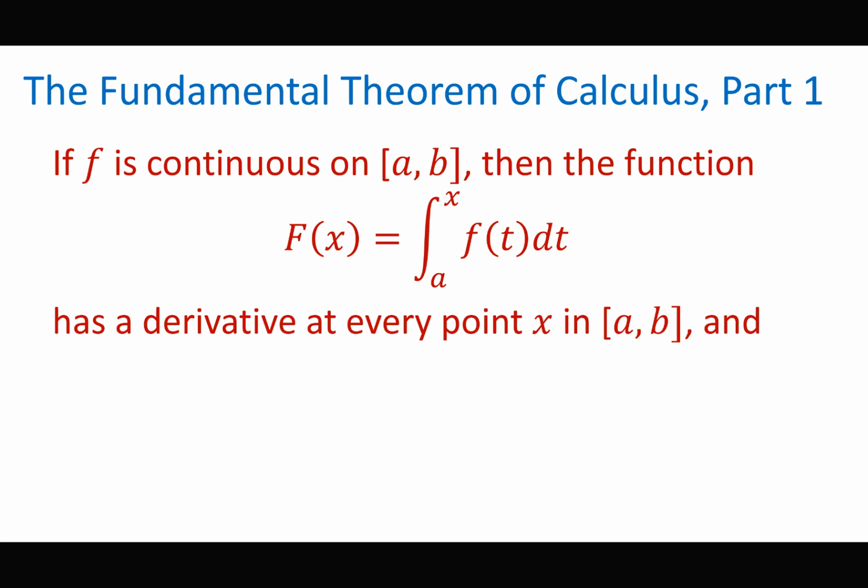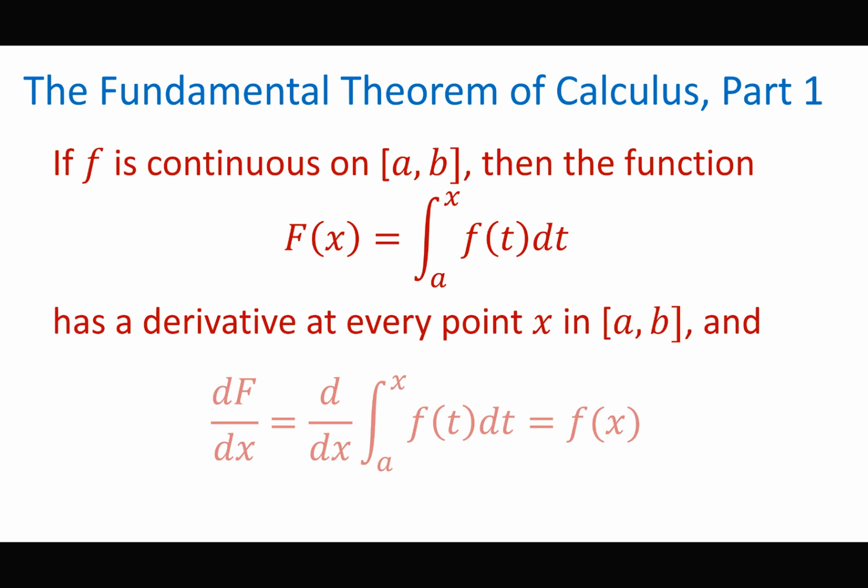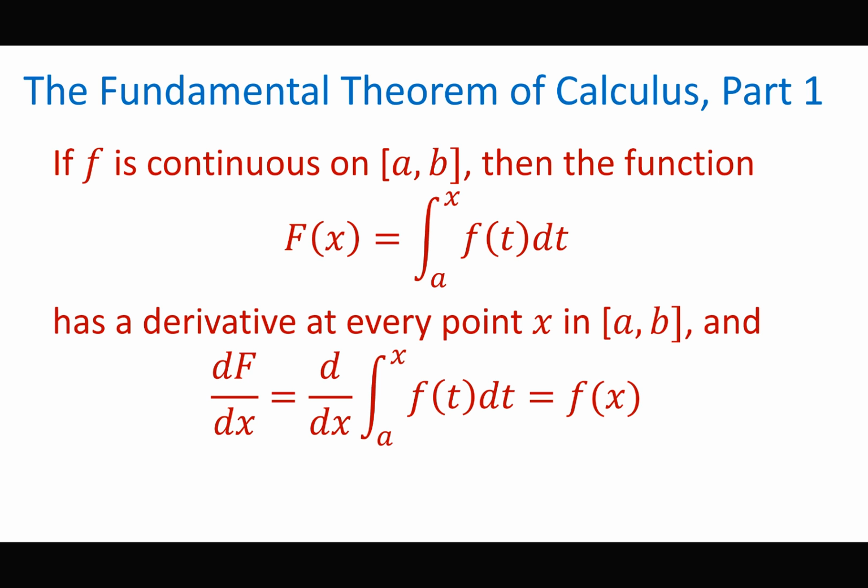Okay, so then the function has a derivative at every point x in the interval from a to b. And now this is some big, long, nasty notation, but it's really nothing that we can't handle.